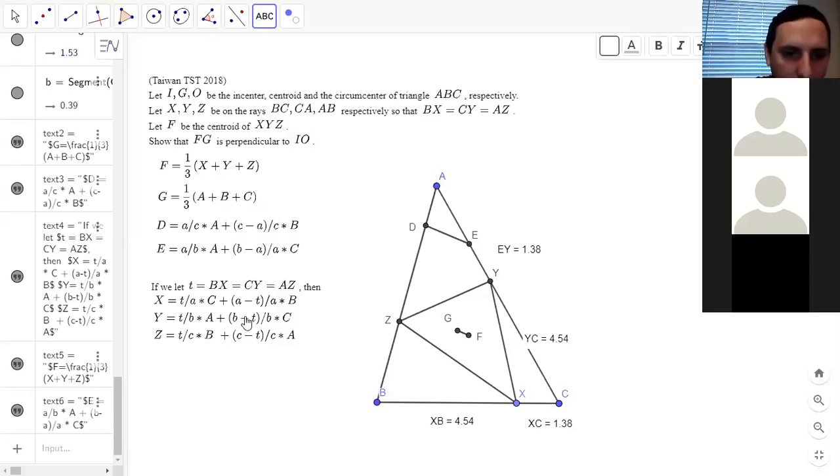So this would be t over a times b and t over c times b.